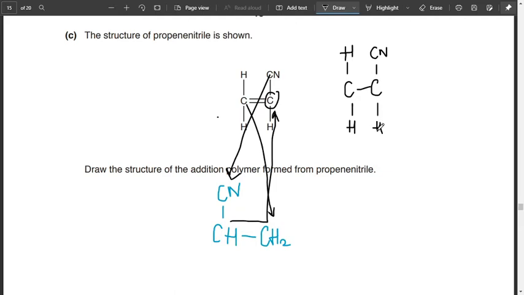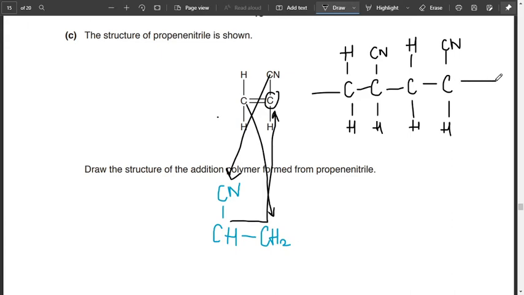And then if we continue the chain over here, it's again going to be C H, H, and then C, CN, okay, and H below it. I hope you are understanding it. In this way we can continue from here as well as from here.